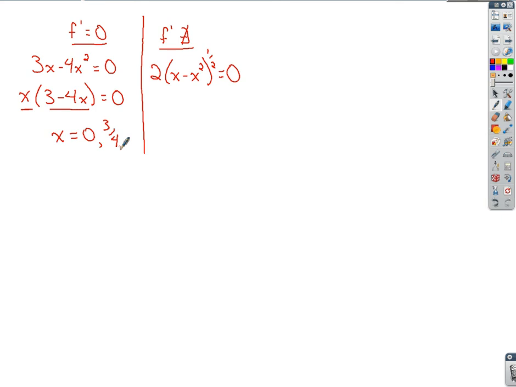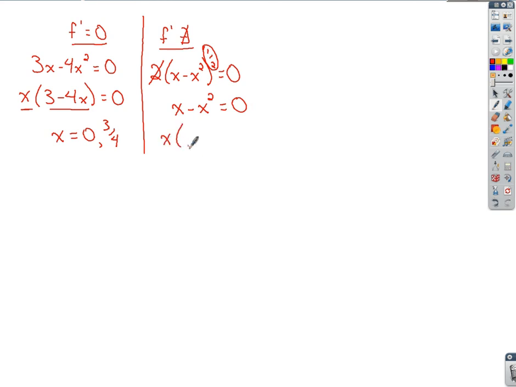As far as the does not exist side goes, well, we can divide this 2 out. And because we have a 1/2 as a power, that means a square root. So if we square both sides, that square root goes away, leaving us with x minus x squared equals 0. Factor out an x.